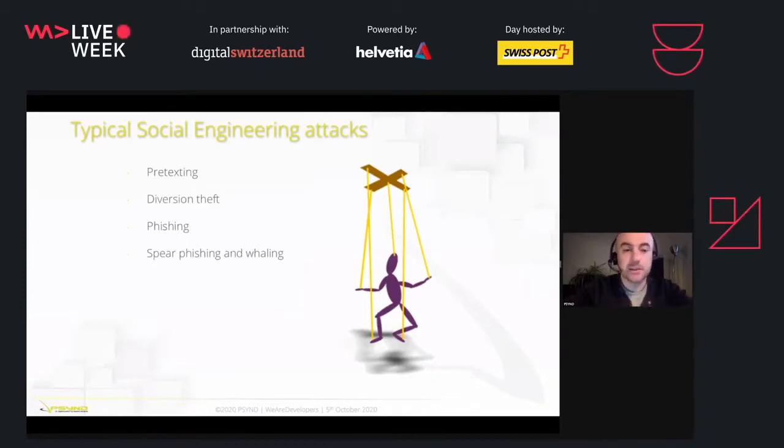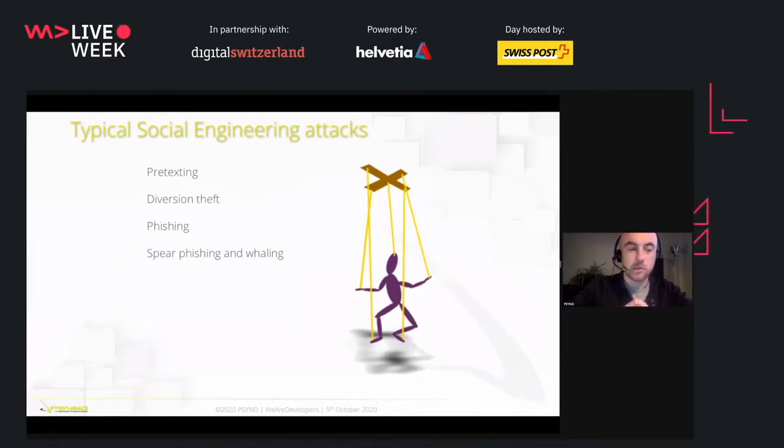Whaling is another kind of spear phishing attack, but it is focused on the C-levels, so CEO, CFO, CIO, and so on. The list is long, but these are all people that have big power in their hands, so taking control of their account could be really critical for a company.